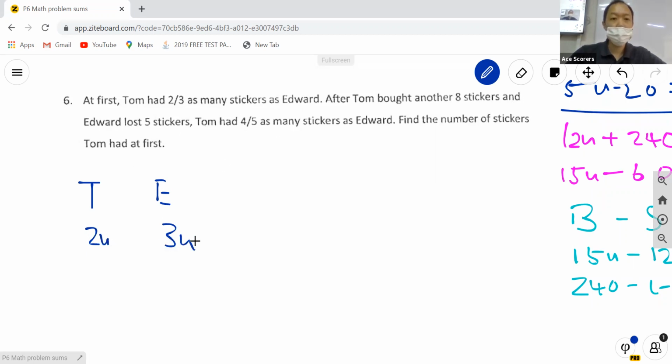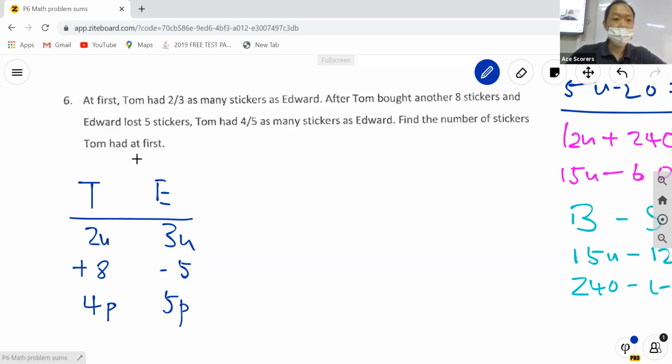After that, Tom got another 8 and Edward lost 5. So Tom plus 8, Edward minus 5. Tom had 4/5 as many as Edward. So Tom is 4 parts, Edward is 5 parts. Okay, so this is the first table.